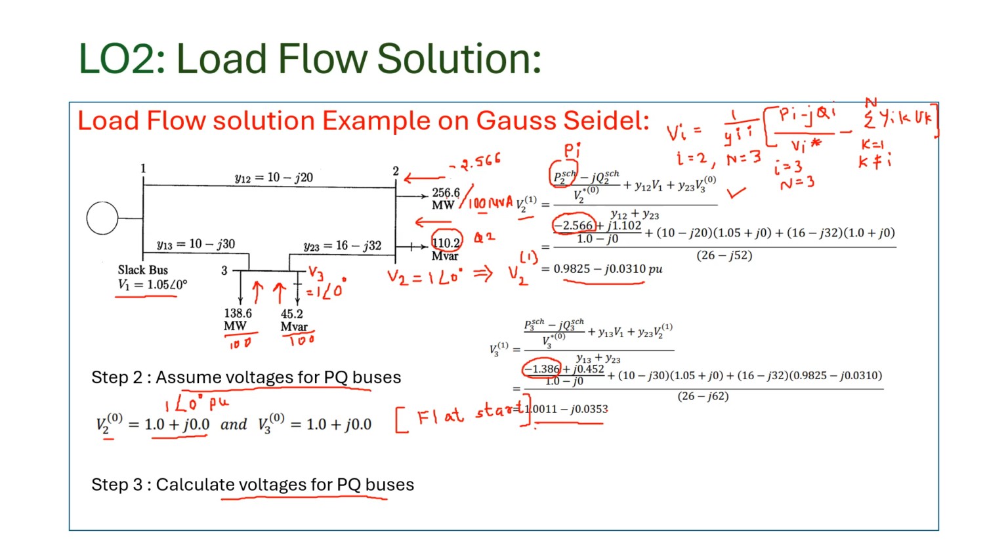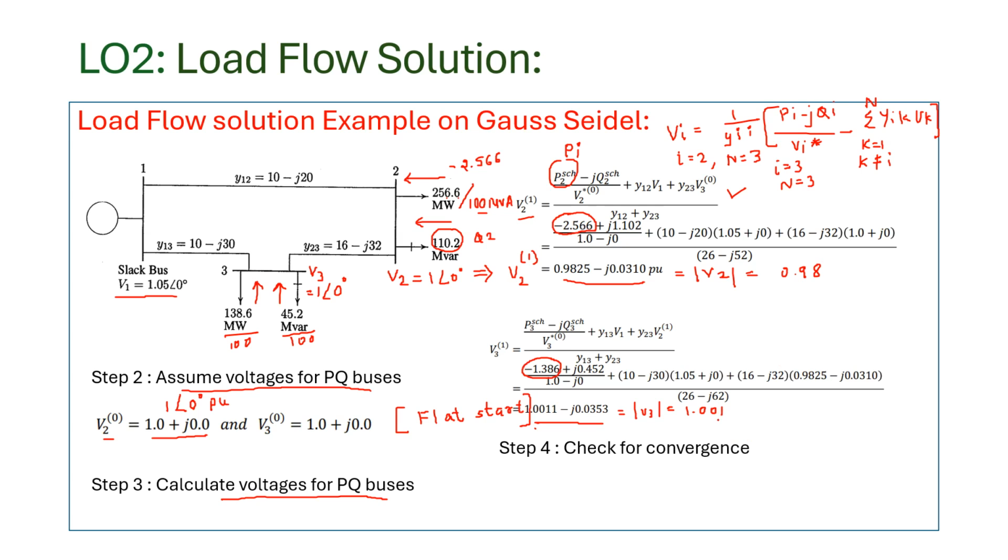Now we have to check, that is step number 4, whether we have to stop our iteration or not, that is, check for convergence. So now you calculate the magnitude of this voltage V2. I hope it will be around 0.98, and even this magnitude V3 we will get is around 1.0011. Now find out the maximum of this.